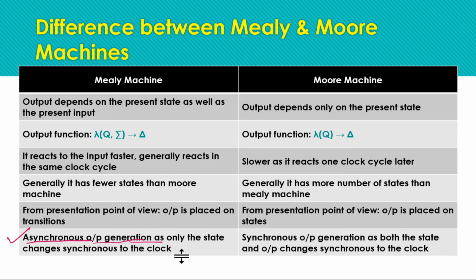But Moore machines are synchronous, because output and states both change on the new clock cycle, meaning after one clock cycle.